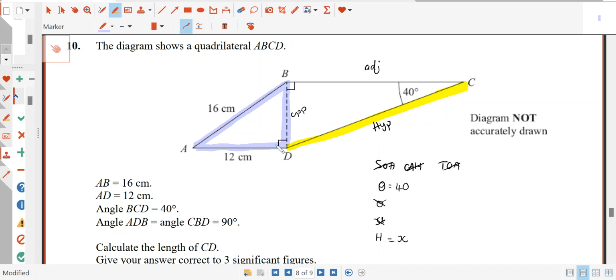Why is it Pythagoras and not trigonometry with the purple triangle? Because we need an angle. If you look at the purple triangle, is there an angle? No. No angle. But we do have two sides, right?